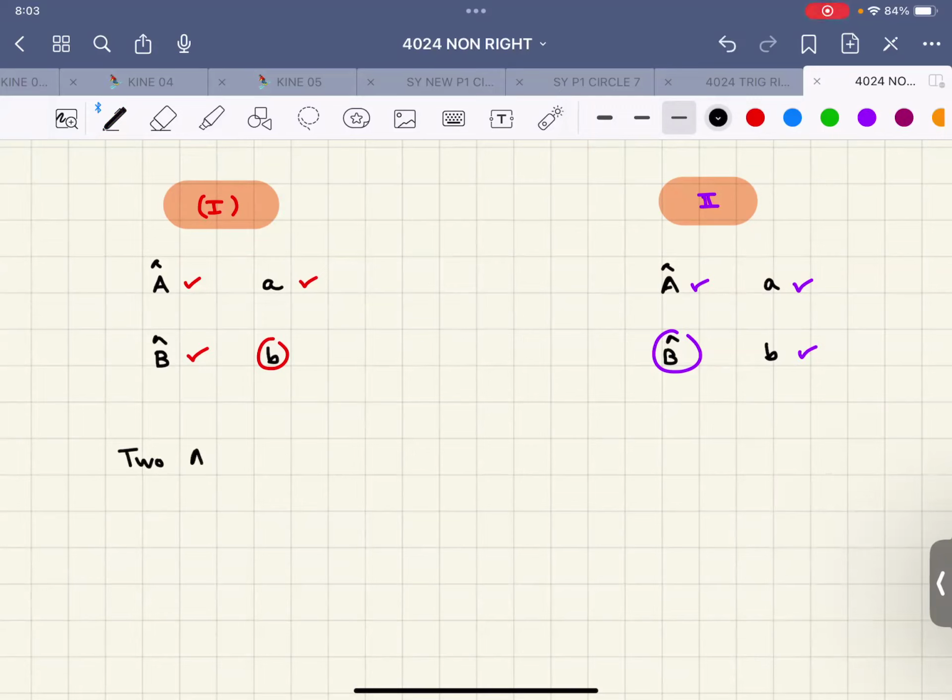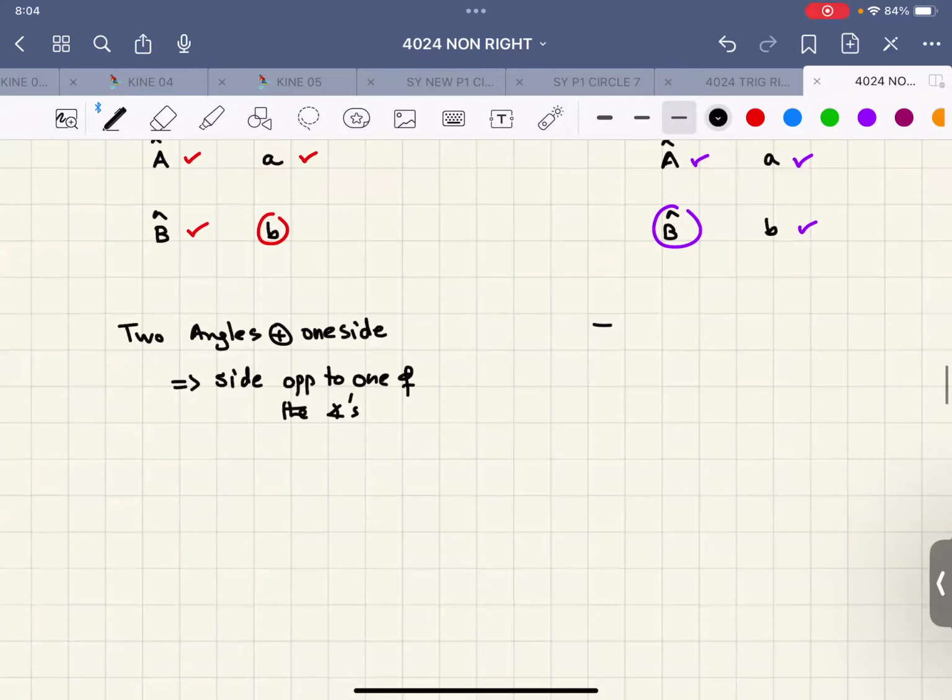Two angles are given and one side is given. You can find the side opposite to one of the angles, or two sides and one angle is given.